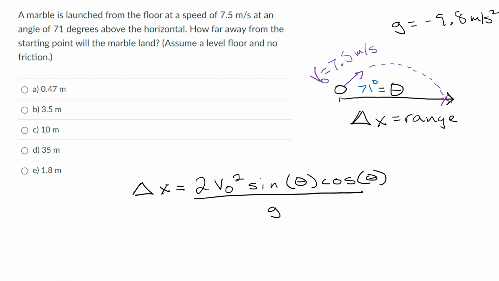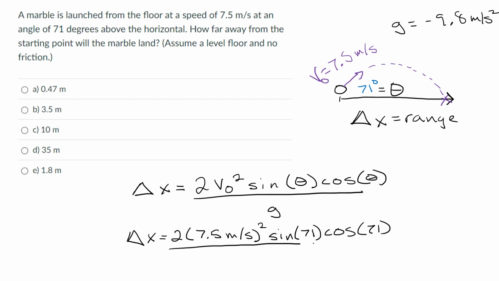So I just need to plug that in. What do I plug into my calculator? Well, delta x is equal to 2 times the initial velocity, 7.5 meters per second, and that whole thing gets squared, times sine of 71 degrees, times cosine of 71 degrees, all over 9.8.